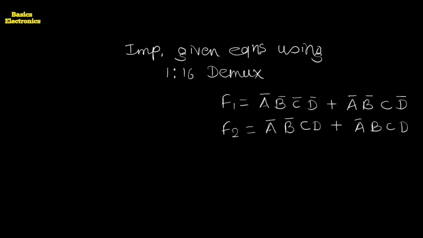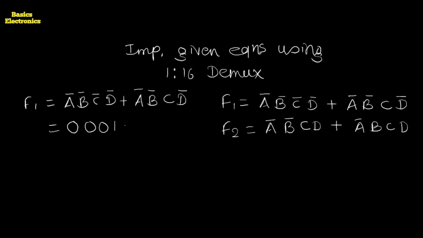So we write here again F1 equals A bar B bar C bar D bar plus A bar B bar C and D bar. You do not need to write all of this for now; later we will see more examples on this. So we use 0 0 0 1 plus 0 0 1 0. What is the equivalent of 0 0 0 1?